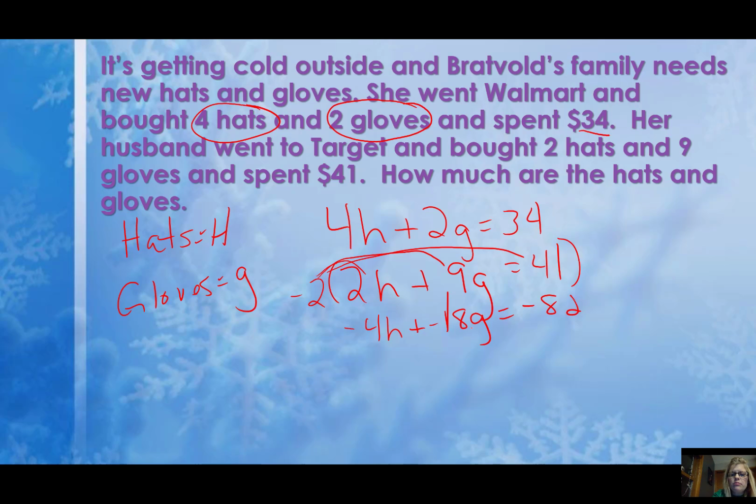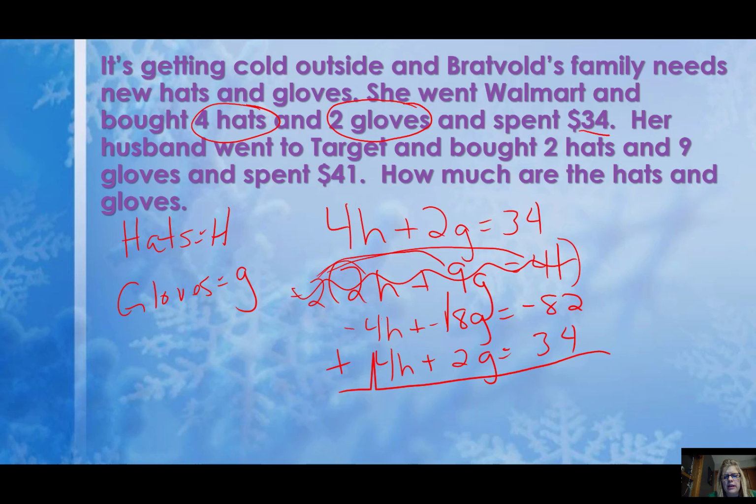Oops. I would then rewrite the first equation underneath. Now I can see that if I go ahead and eliminate, sorry, my pen's being funky right there.